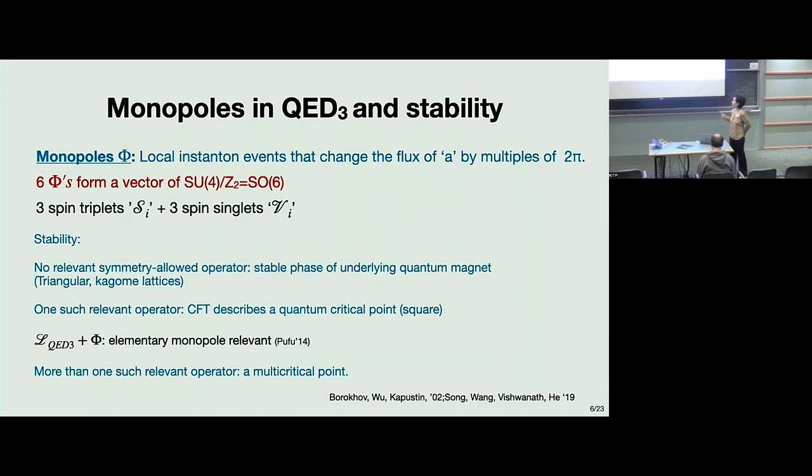While on the square lattice, in the next part of my talk, I'll make the case that there is one and only one relevant monopole operator, which is a singlet, allowed under the UV symmetry. And this singlet monopole operator is relevant by the large N expansion. So in this case, it describes a quantum critical point. If we have multiple symmetry-allowed relevant operators, it describes a multi-critical point instead.